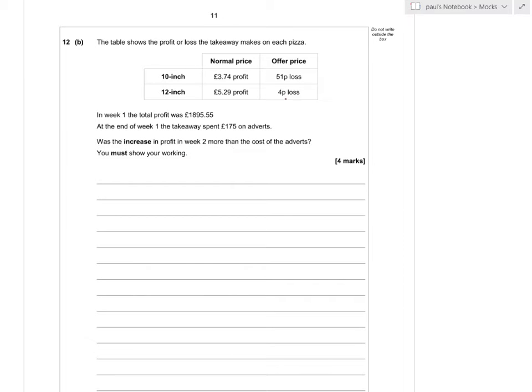What's his offer? At the end of week 1, the takeaway spent 170. Was the increase in profit in week 2 more than the cost of the adverts? So how did we work out this 1895 for week 1?